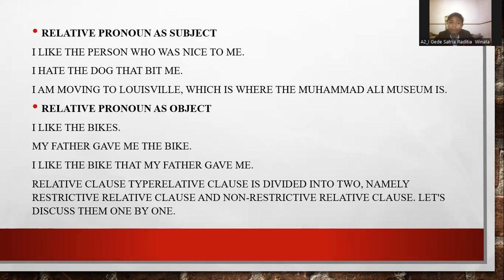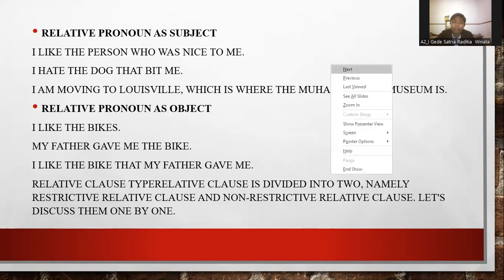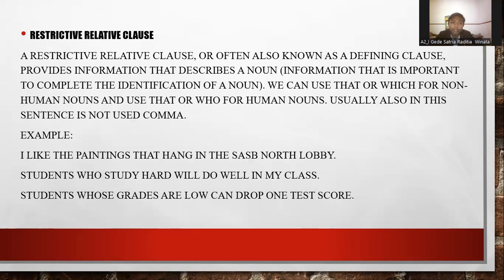Relative clause tip: relative clauses are divided into two types, namely restrictive relative clauses and non-restrictive relative clauses. Let's discuss them one by one. The first, the restrictive relative clause, often also known as a defining clause, provides information that describes a noun.